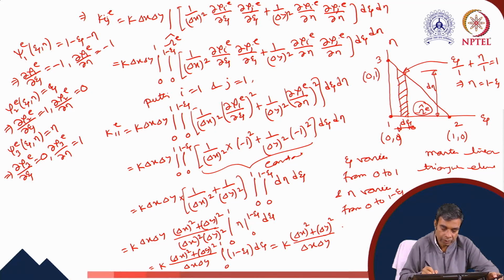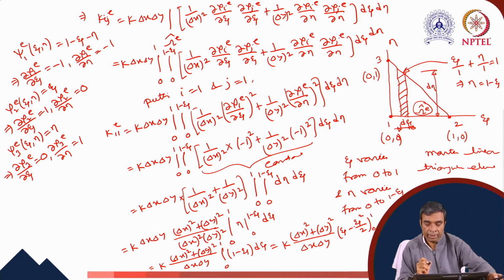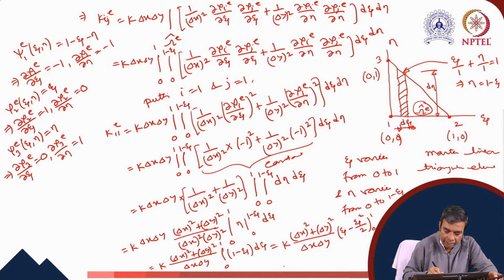So after integration we obtain ξ − ξ²/2. The limit of integration is 0 to 1. If we put 1 and 0 in place of ξ in ξ − ξ²/2, this gives us half. So simply we can write k [(Δx)² + (Δy)²] / (2 Δx Δy).